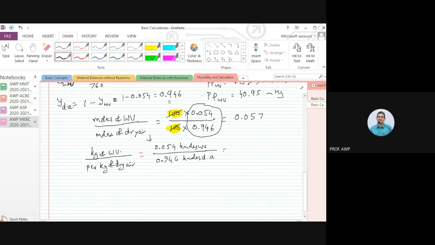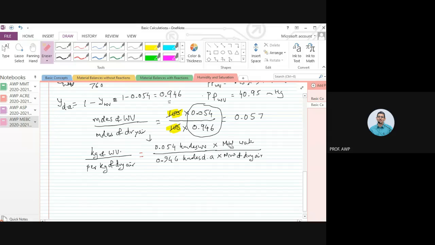To find the kilograms of water vapor, I would multiply this by the molecular weight of water, and multiply the dry air by the molecular weight of dry air.